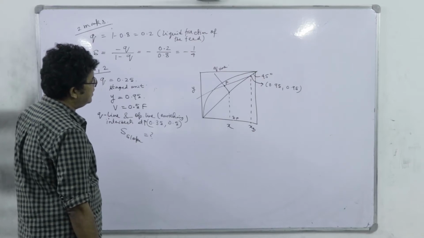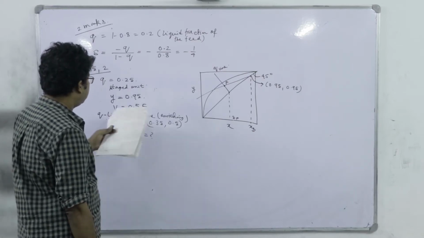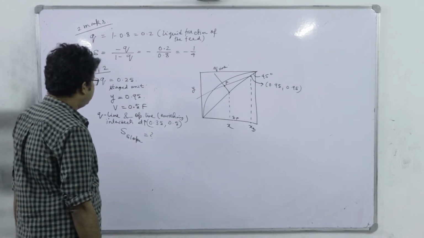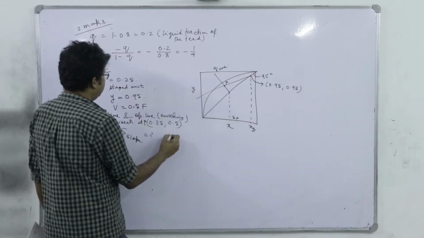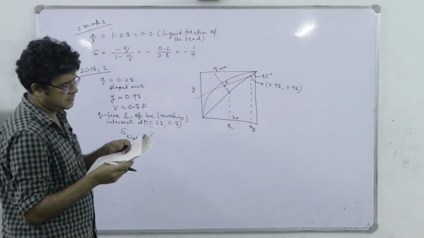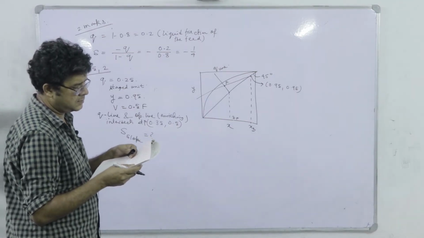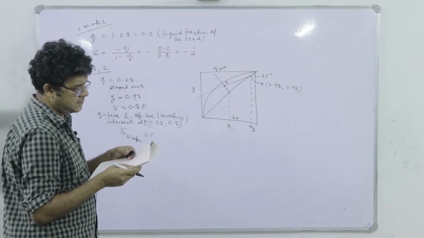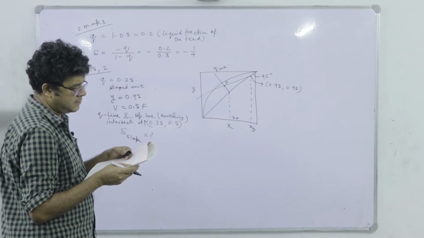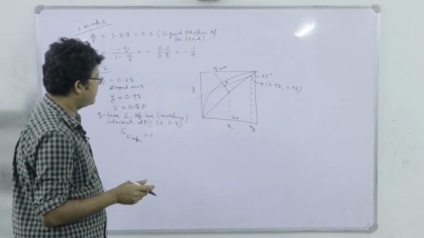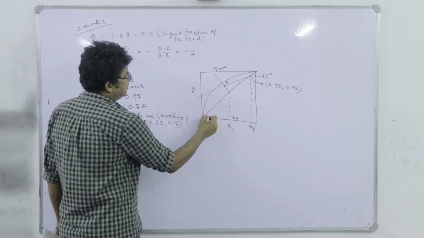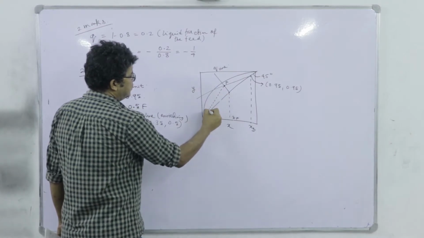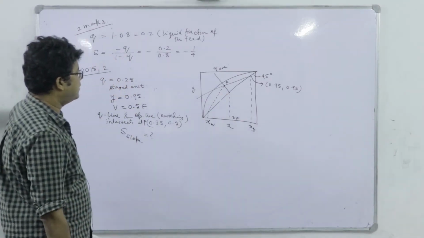So you see that the q line and operating line intersection point we know, and V is equal to 0.5 F. So I have to know the bottom product composition, and definitely that is the operating line for the stripping section.